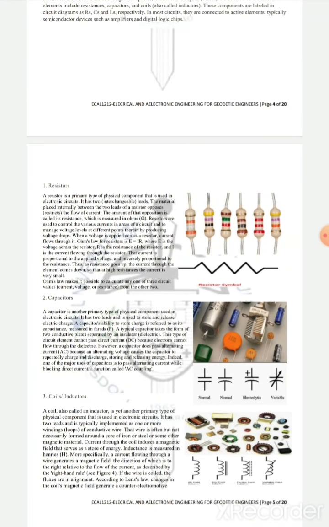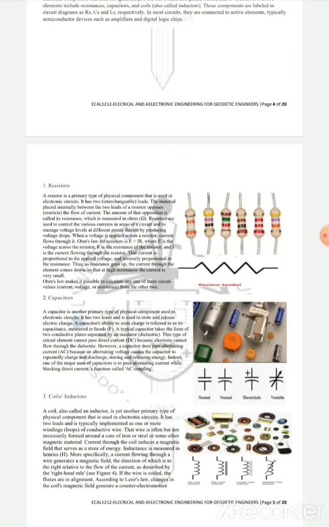A resistor is a primary type of physical component that is used in electronic circuits. It has two interchangeable leads. When I say interchangeable, we assume that the current is always entering the positive side, so your resistor always absorbs power.